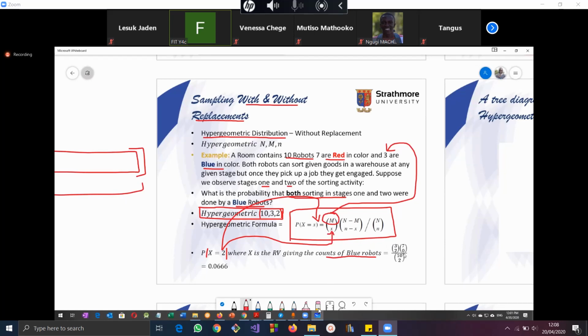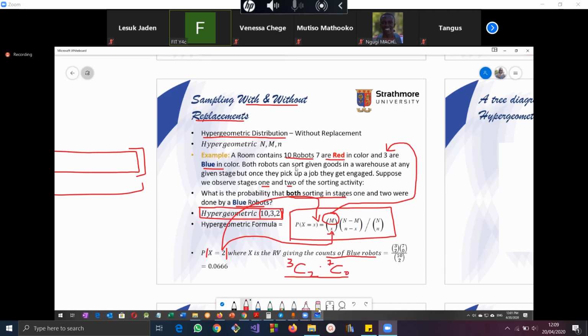So this computation here is actually 3 combination 2, which you can calculate using your calculators, multiplied by 7 combination 0, and then divided by 10 combination 2.